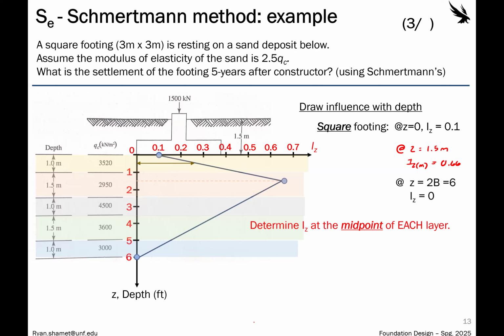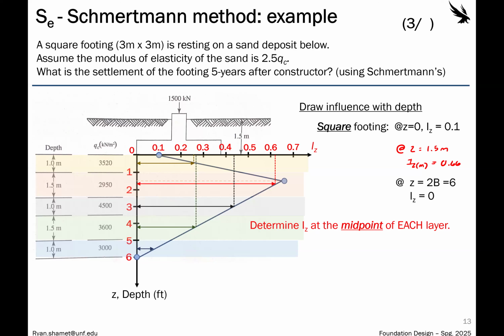So we would find that midpoint there at 0.5 and then interpolate on our graph, or if we're using plotting software or AutoCAD, then you can find it automatically. So we'd find the center of this layer, go up and find our influence factor there. Then third layer, we do the same thing, and so on and so forth.